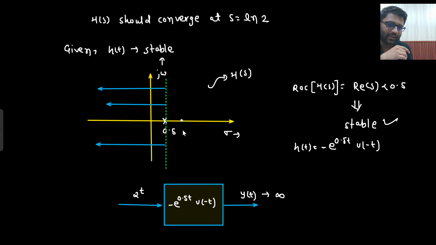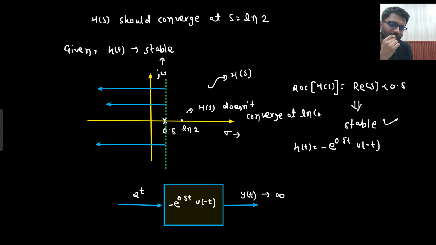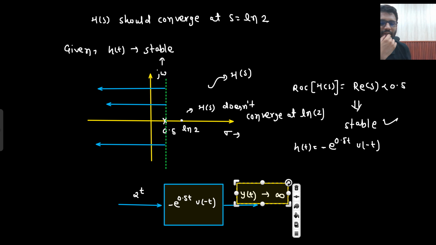This will be the point of ln2. That means H(s) does not converge at ln2. So output will be infinity, y(t) will be tending to infinity. That means this is not an eigenfunction.